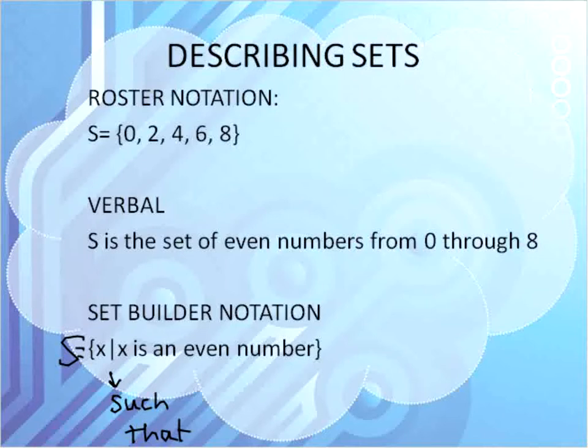So we're saying that x represents each of the even numbers in the set. Actually, we could say x is an even number up to 8 if we want to be talking about that set there. So that would be set builder notation. You have a variable and you have a descriptive phrase about the set.